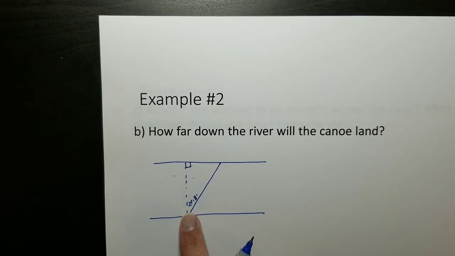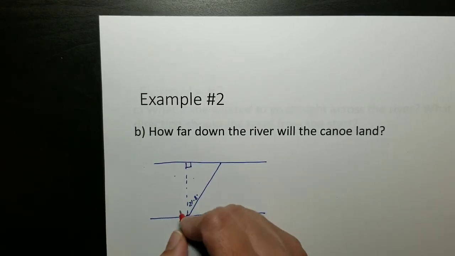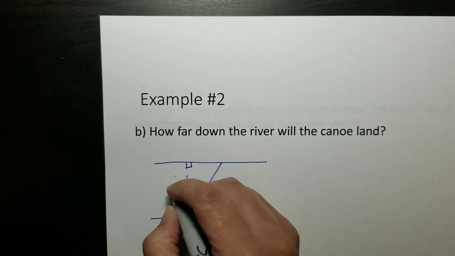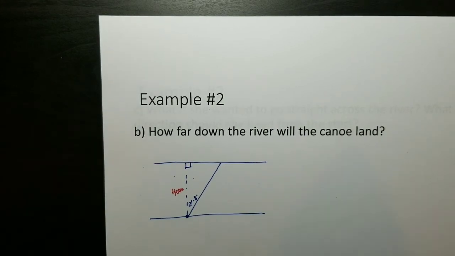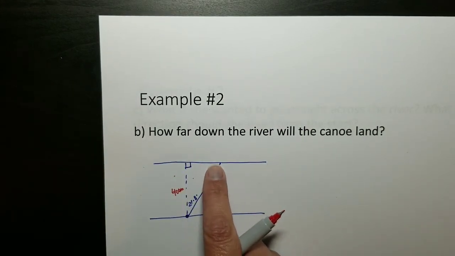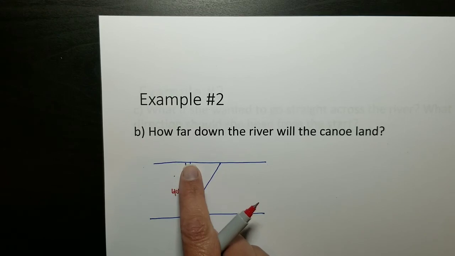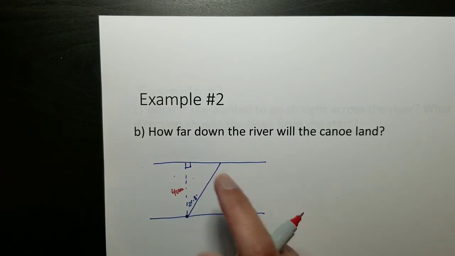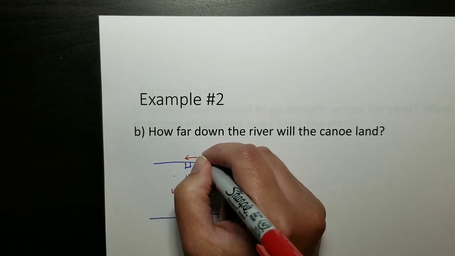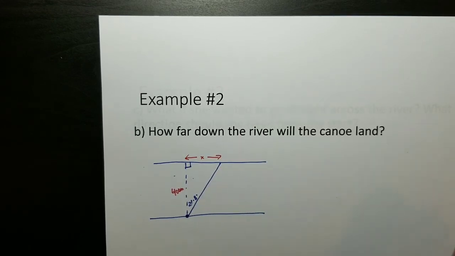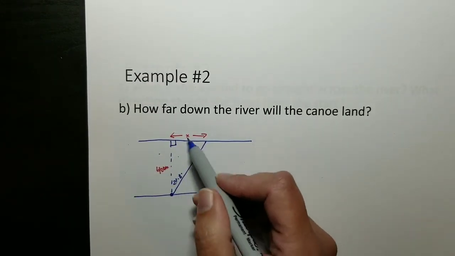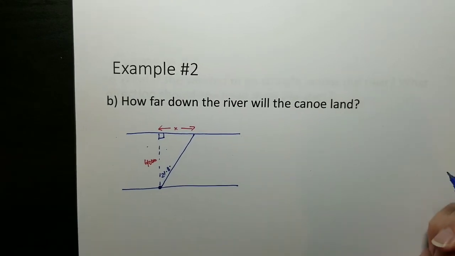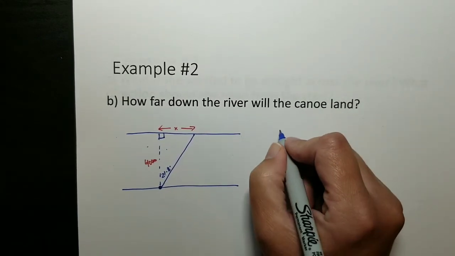And the original question also told us that 400 meters is the width of the river. So we can figure out how far down the canoe will land, how far down river. This would be X here. Then we've just got a tan ratio to find that in meters.